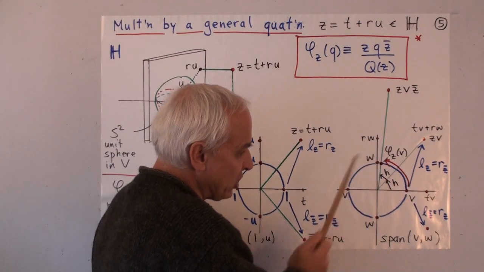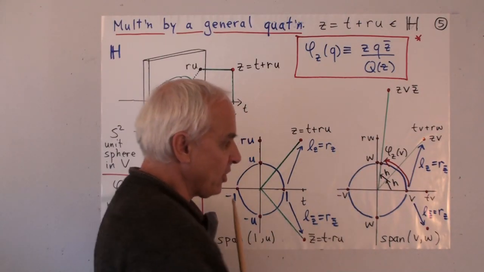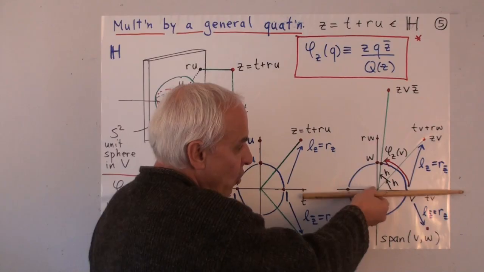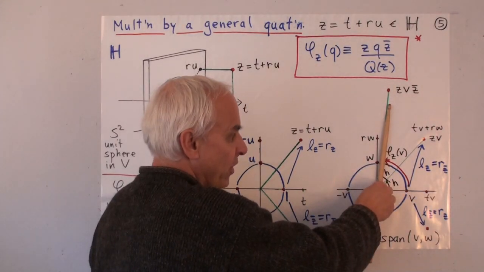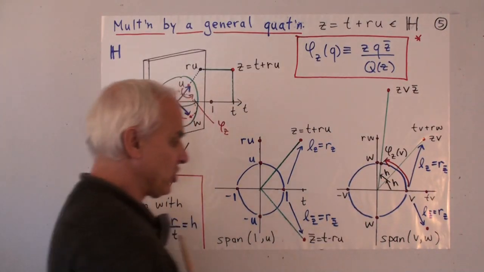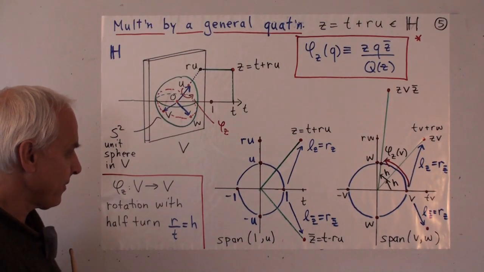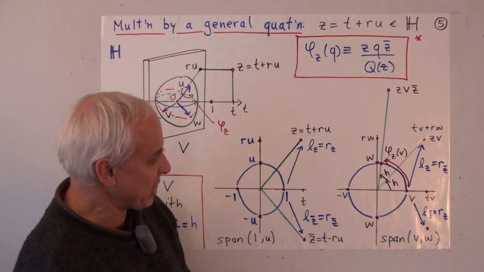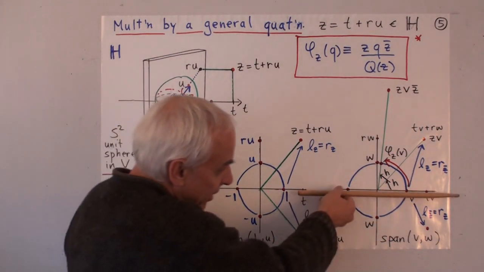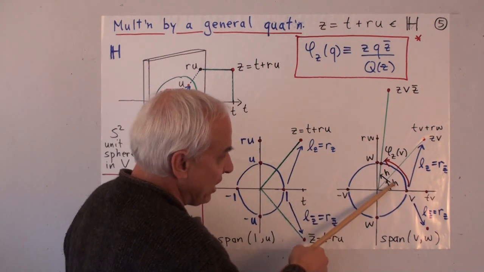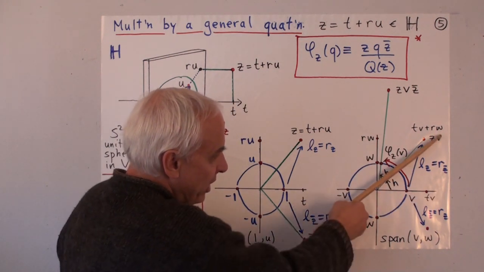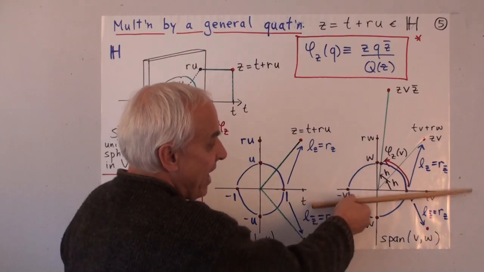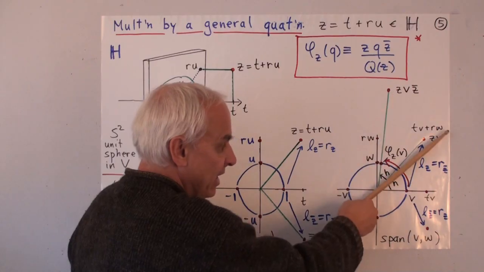The turn here is h, then the turn here is also h, and the total half turn of this is then h. This is exactly the kind of situation that's described by a half turn. If the turn here is h, the turn here is also h, then the half turn of the composite is just h.